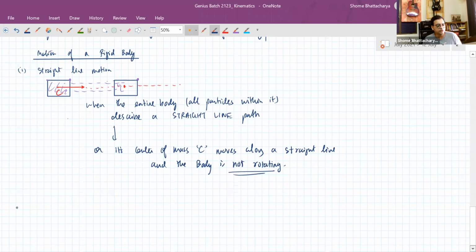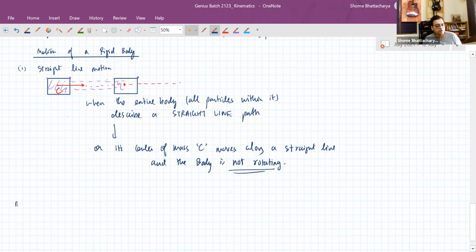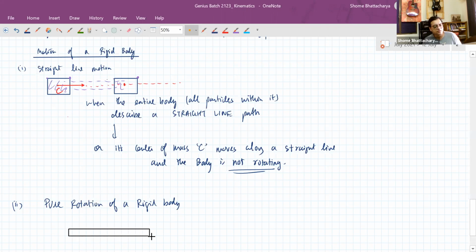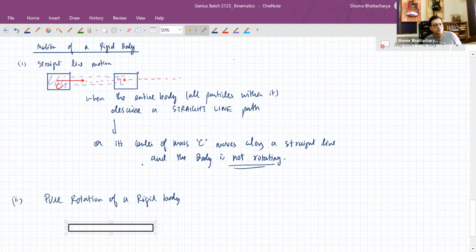Now, another type of motion for a rigid body is what is called pure rotation of a rigid body. A good example of that is how a pendulum generally moves. Or in this case, let's take a situation where imagine we have something like a plank. It's a rigid body. There's a fixed shape and size.